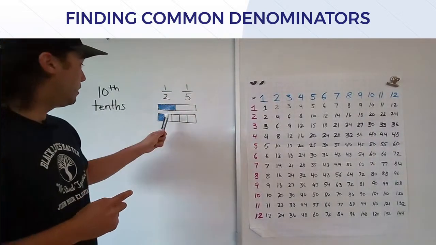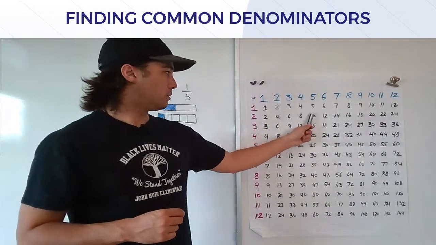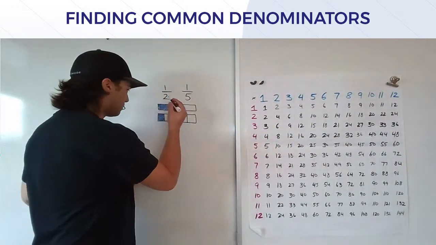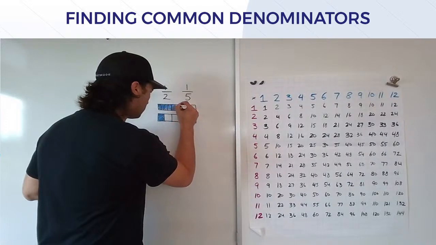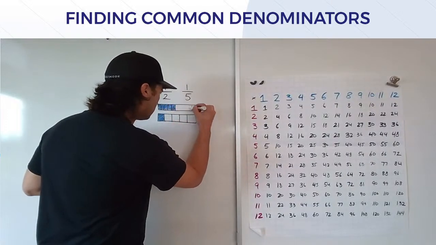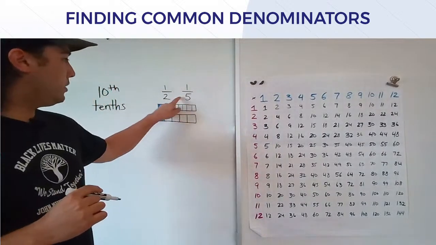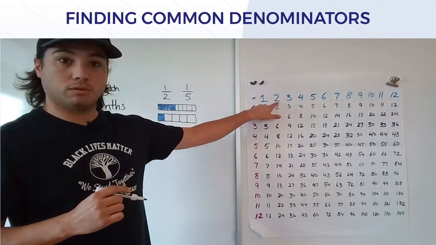We could cut each of these halves into 5 equal pieces. And we could cut each of these fifths into 2 equal pieces.